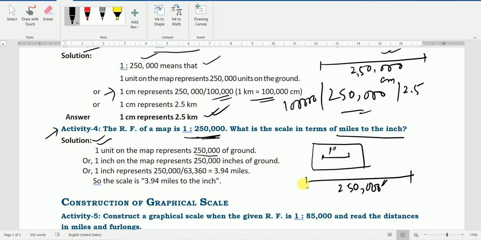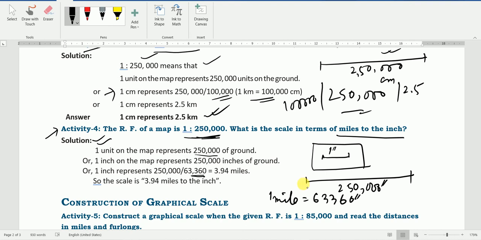Or 1 inch represents 250,000 divided by 63,360, because we need to express it in miles, as we learned earlier. 1 mile is equal to 63,360 inches, and that is why we are dividing 250,000 by 63,360 to convert it into miles.